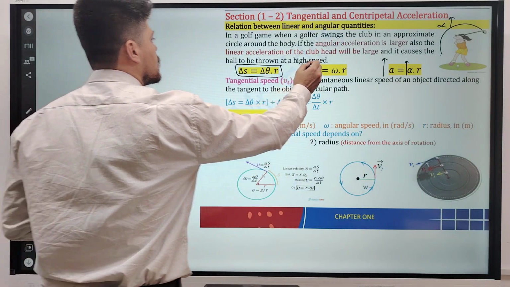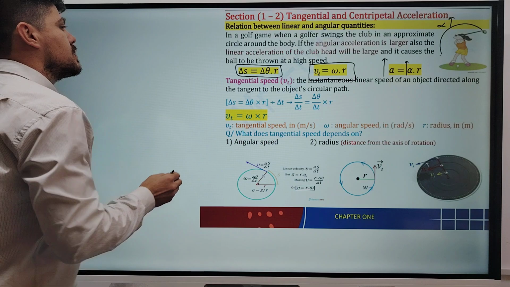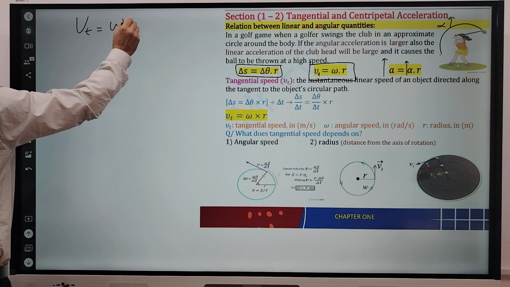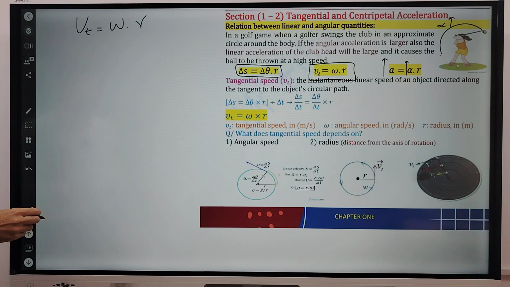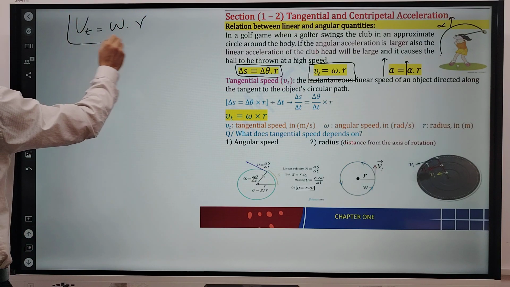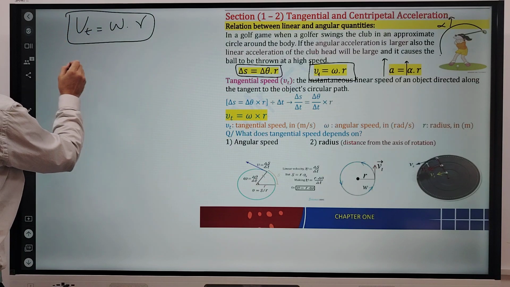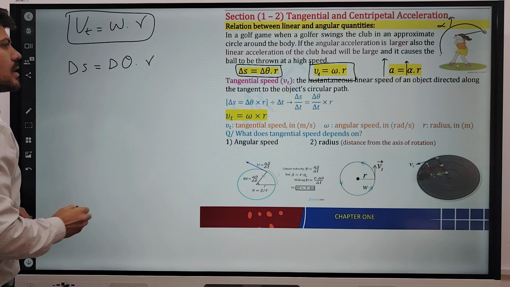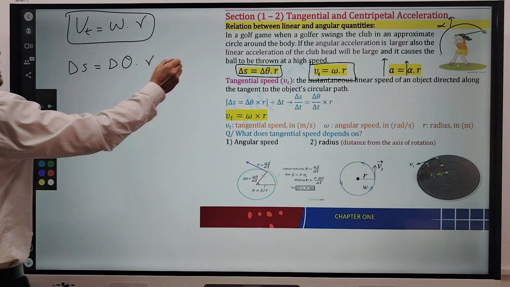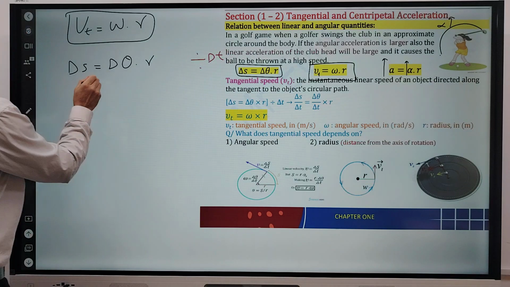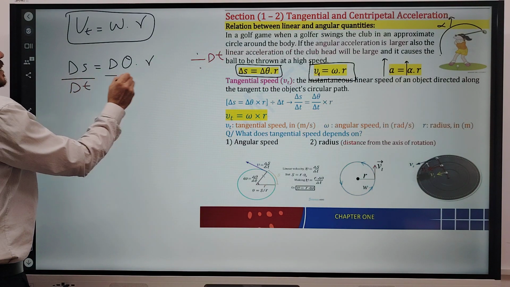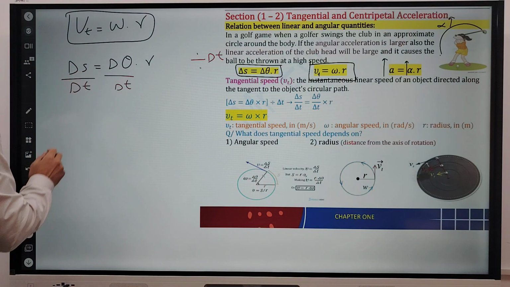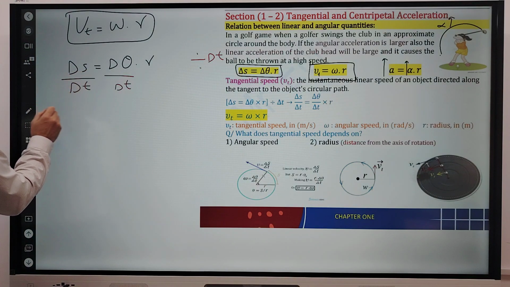So how can you get this equation? Tangential speed is equal to angular speed times radius. How can we prove this equation? According to this equation, delta S is equal to theta times R. If we divide both sides by t, S divided by t, as you know, the displacement per period of time is equal to what?